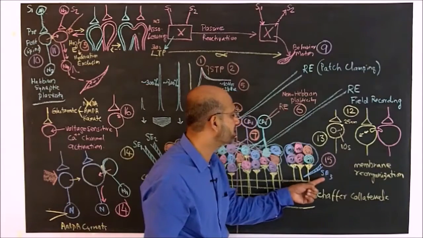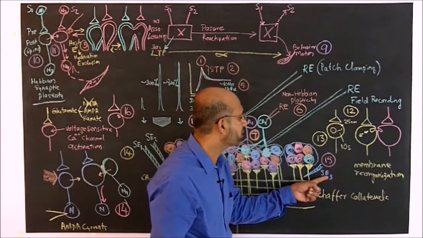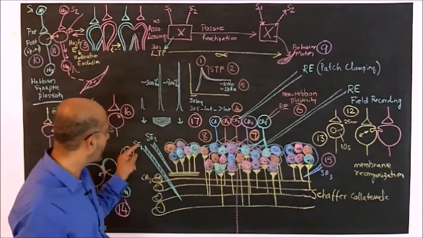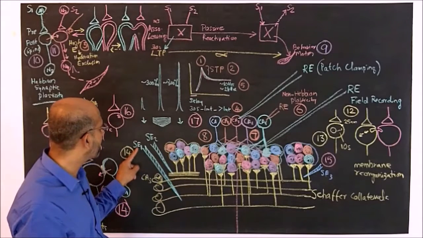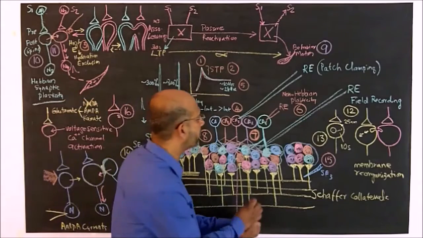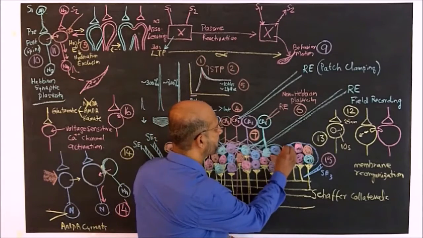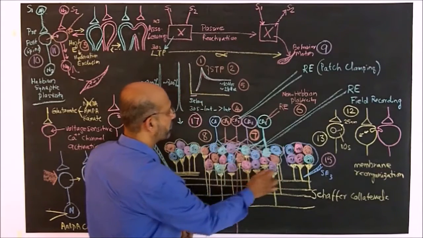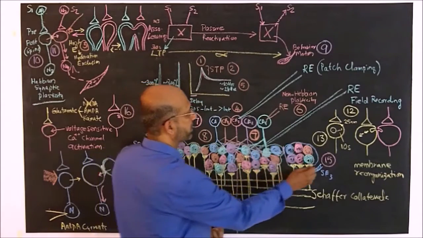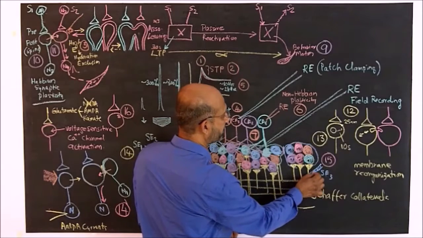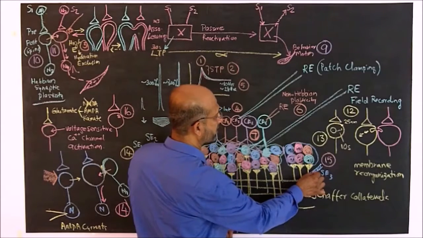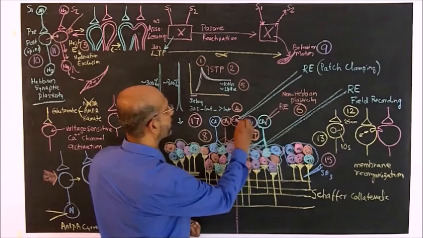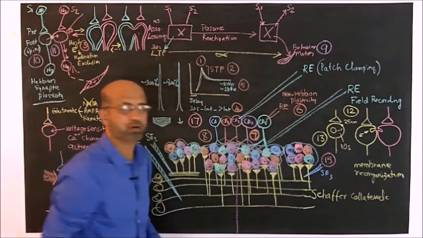When a regular stimulus is applied to this stimulating electrode SE3 together with a high frequency stimulus that is applied with this stimulating electrode SE1, then an inter-postsynaptic functional link is formed at this level between this small group of dendritic spines here and this large group of dendritic spines, so that a regular stimulus applied later at this stimulating electrode SE3 will result in a potentiated effect when recorded from this recording electrode.